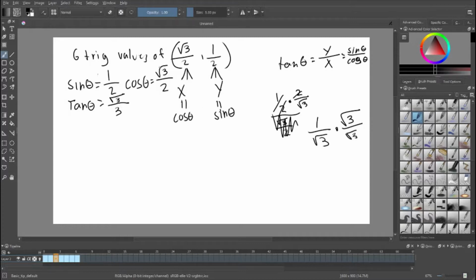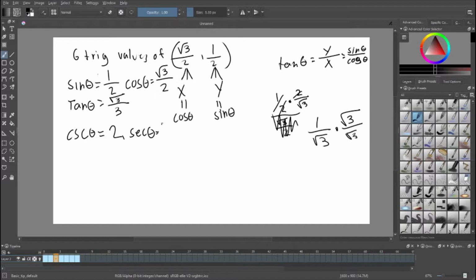And so the next step is just to find the opposite values, if that makes sense. So cosecant is basically just the reciprocal of whatever this is. Cosecant should be 2 because it's just 1/2 flipped over, and secant is that but flipped over.